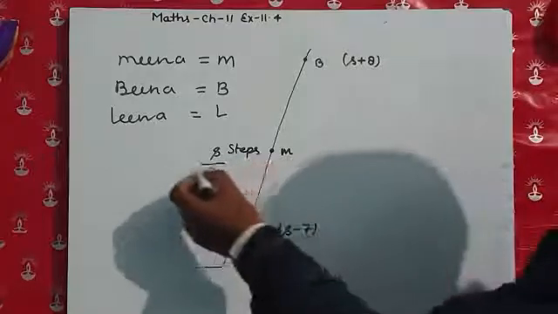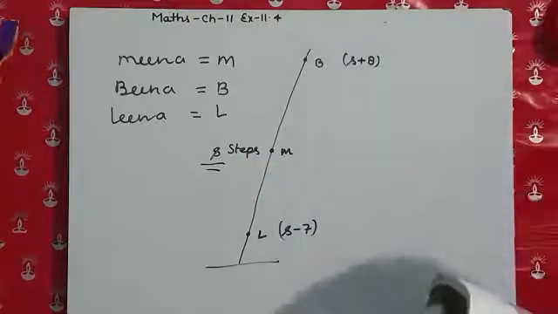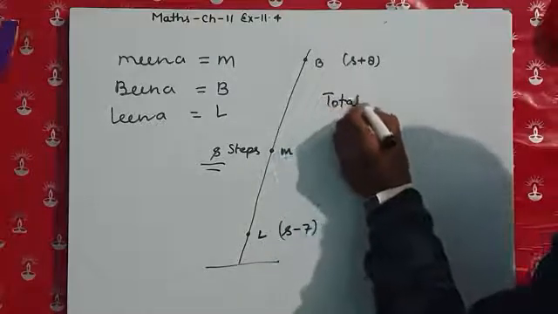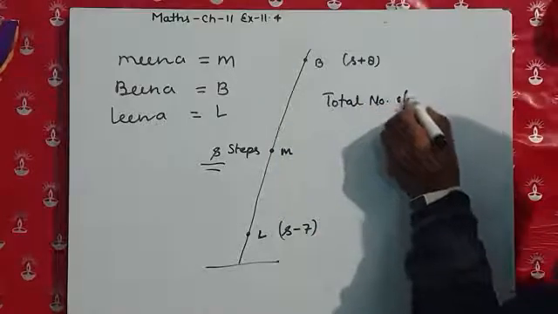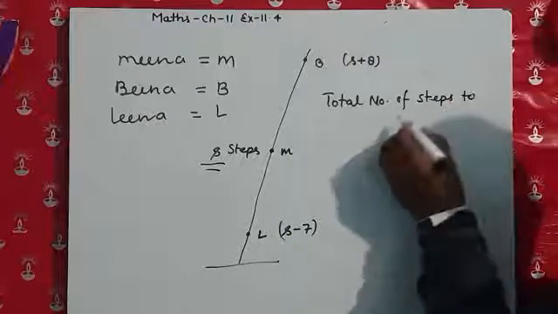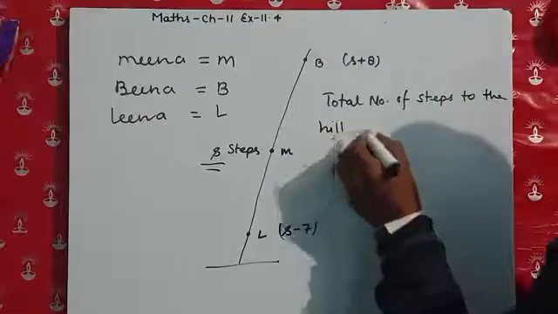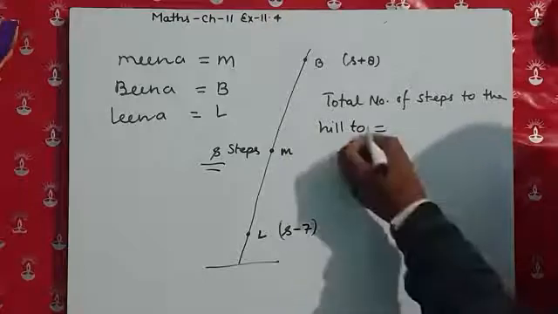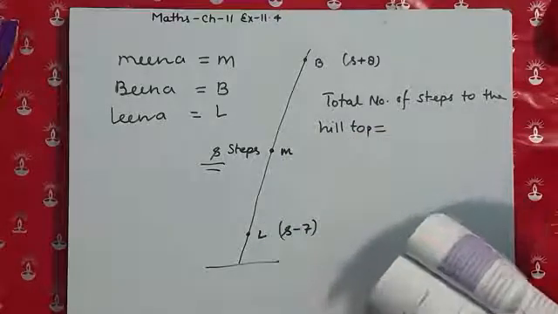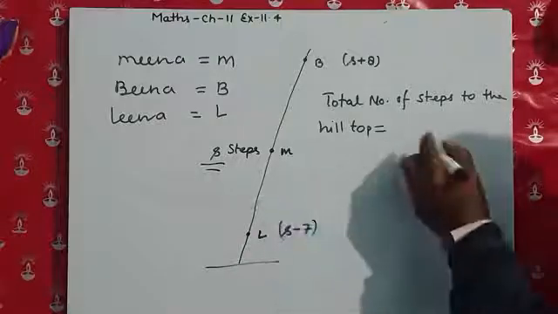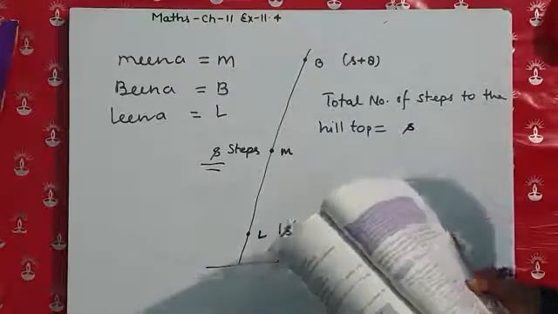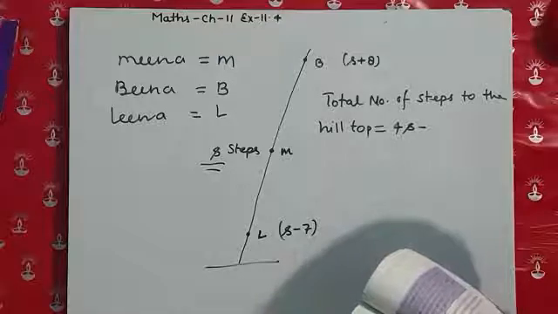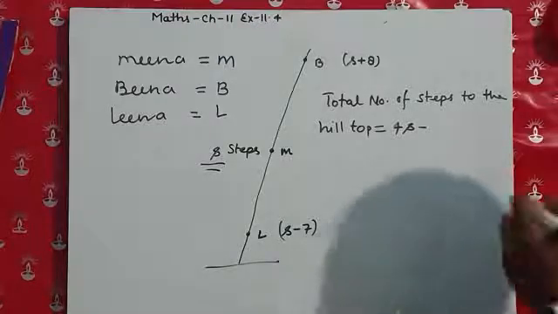Meena has reached S steps, so the total number of steps to the hilltop is equal to 4 times S, minus 10.